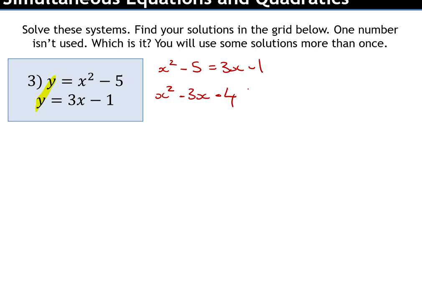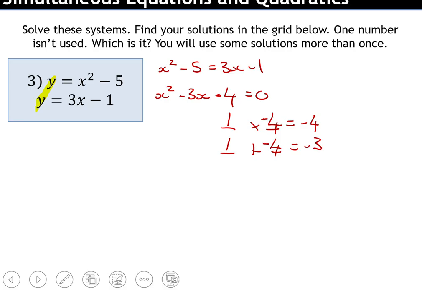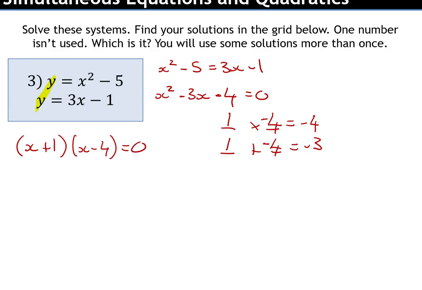The next step is again, I can factorize, I can look at, if I'm able to, two numbers times together to make AC, which is -4, and two numbers that add up to -3. So that must be 1 and 4. One of them is going to be a negative though, and that is going to be -4. So I can rewrite that now. X plus 1, x minus 4 is equal to 0.